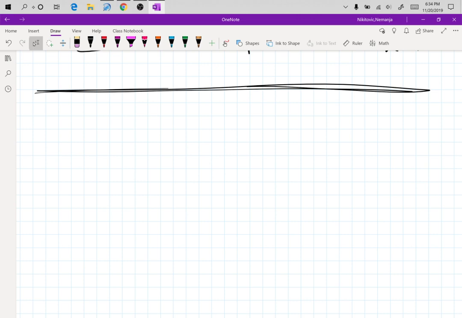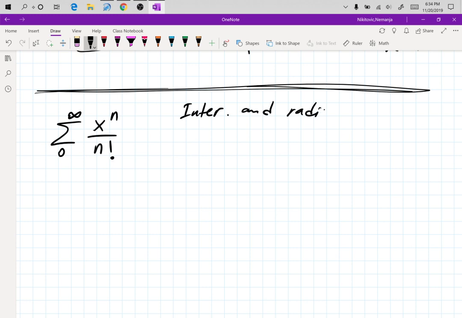So we'll start with the summation of x to the n divided by n factorial, n from 0 to infinity. I'm switching to n, it's so much easier to write. So we want the interval and radius of convergence. Cool.